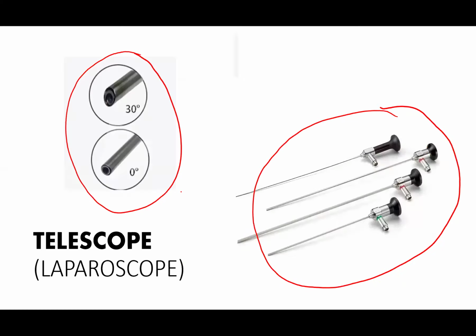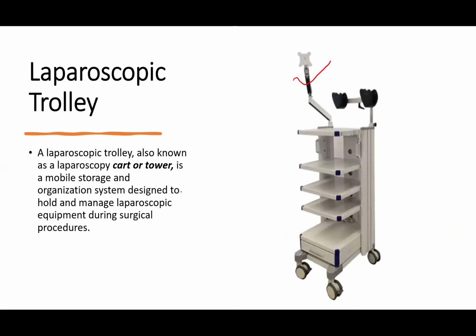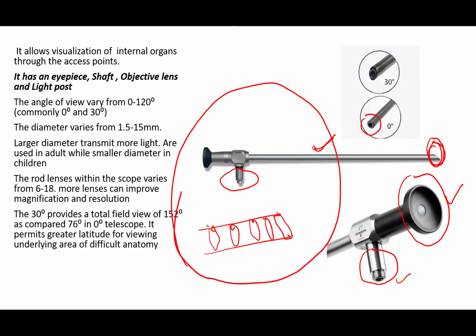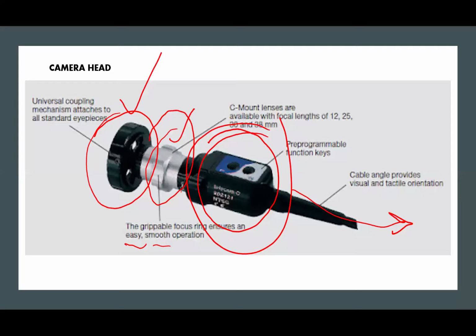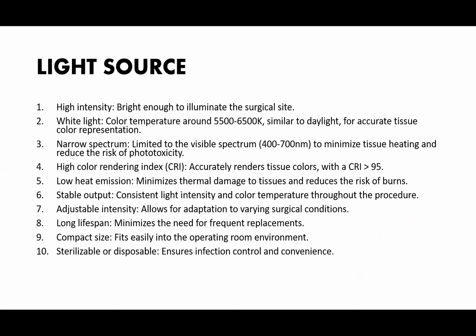And if you look at the Kelvin given for an ideal light source, as we mentioned in the properties of an ideal light source, the color temperature shouldn't go beyond around 5,500 to 6,500 Kelvin, I think, which will not cause any harm to the patient.